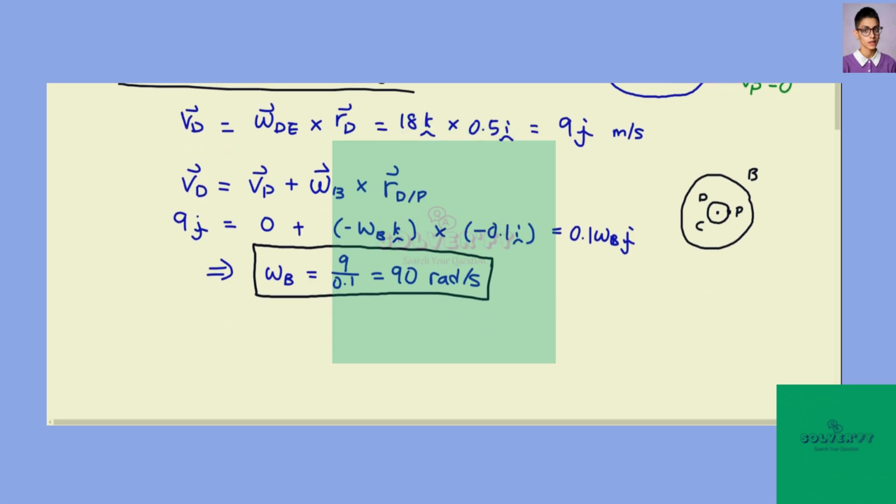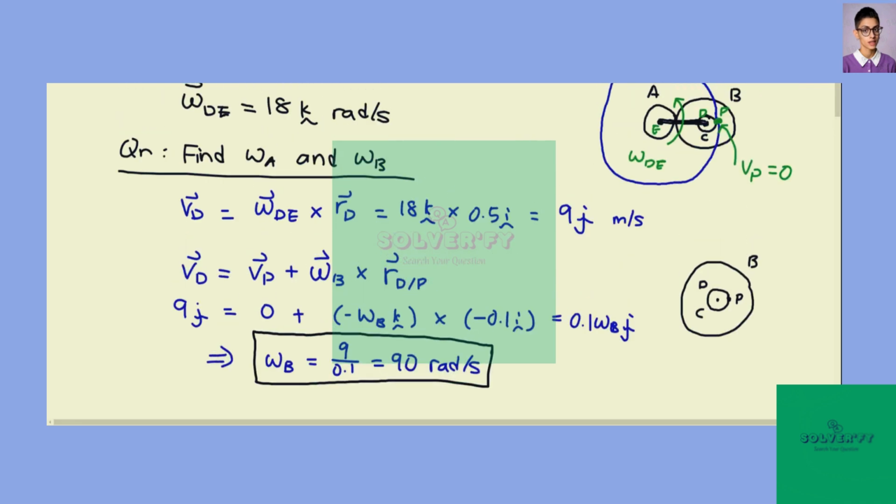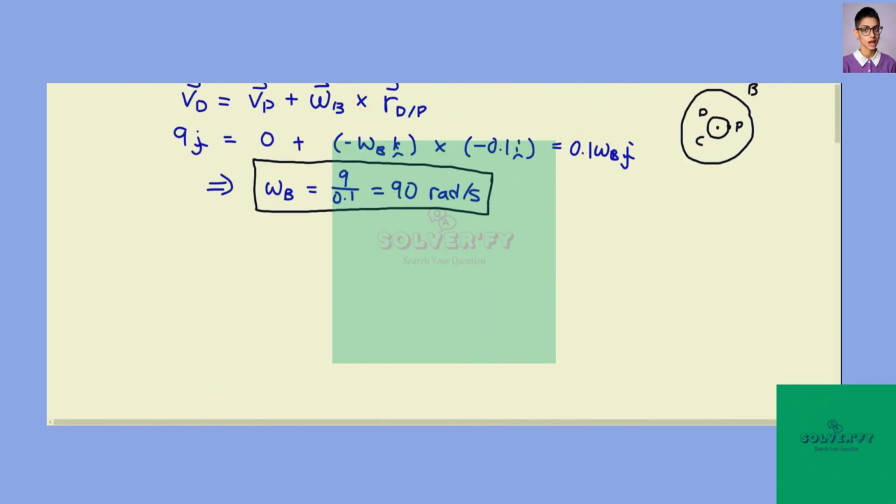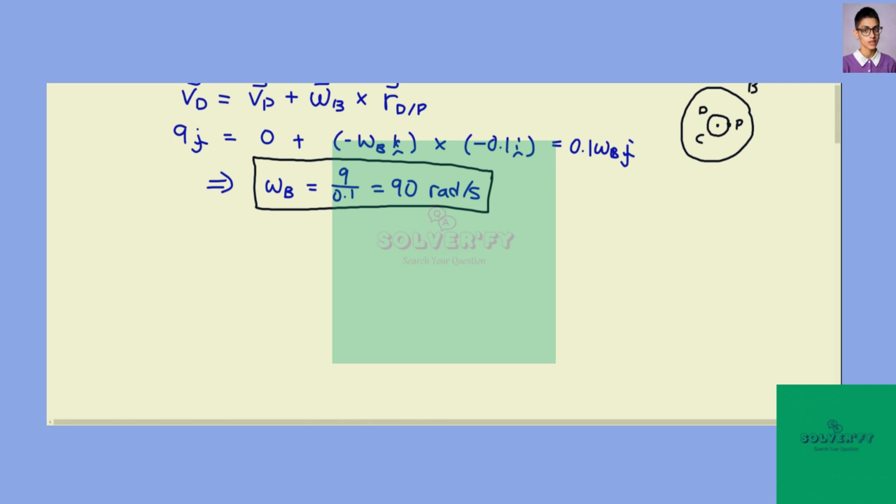Next we need to find omega A. To find omega A, we need to look at this point, which I'm going to call P prime.